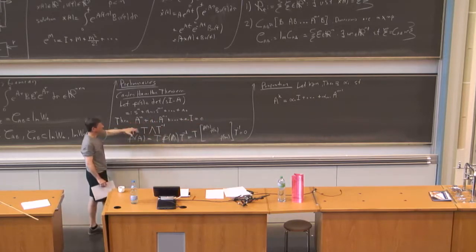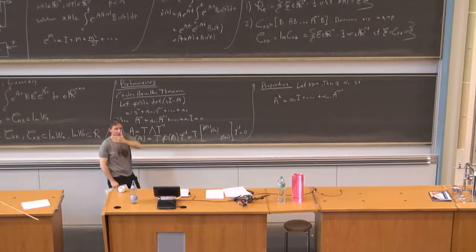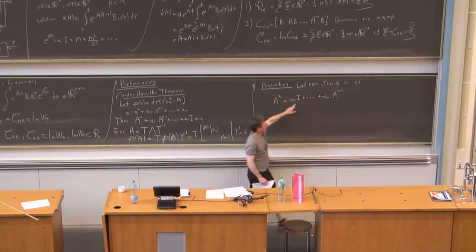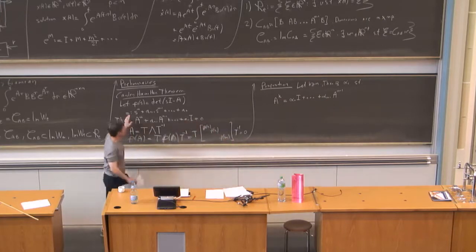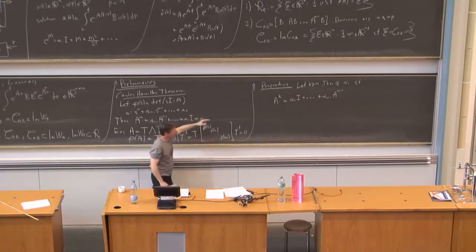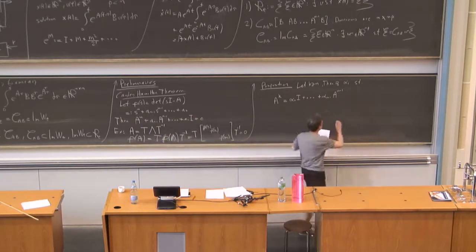Then, given that it's true for A to the k, how do you prove it true for A to the k plus 1? Just write A to the k plus 1 as A times A to the k. You can expand A to the k out this way, so the highest power you're going to get is A to the n. Use this result again to express it in lower powers, and you get this result here. So it's a proof by induction.